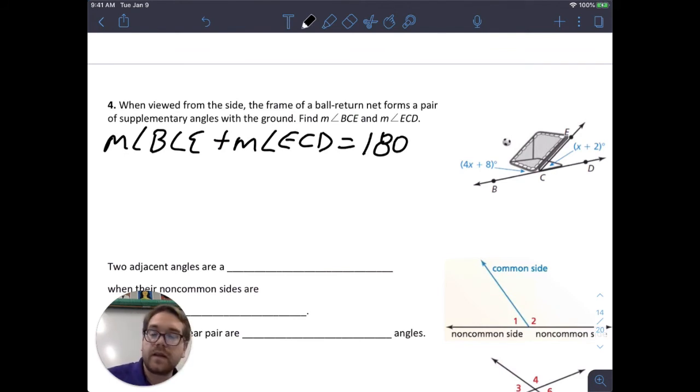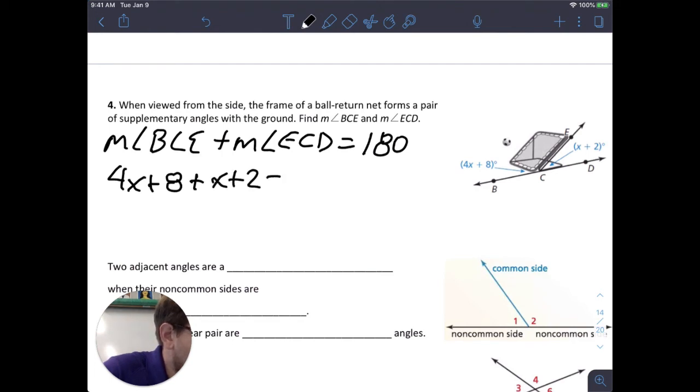And so because I know that, I can then plug in their expressions. So BCE is 4x plus 8, ECD is x plus 2, equal to 180. And then I'm going to simplify and solve for x. So 4x plus x is 5x, 8 plus 2 is 10.